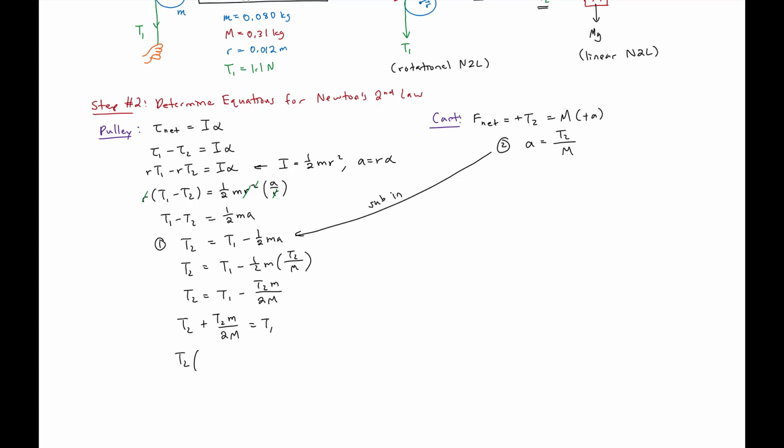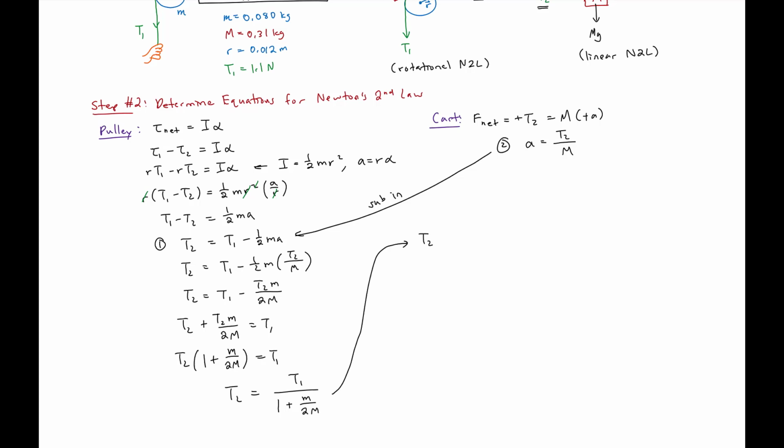We can factor out a T2 and get 1 plus M over 2 capital M, times T2, equals T1, and we have T2 is equal to T1 over 1 plus M over 2 capital M.